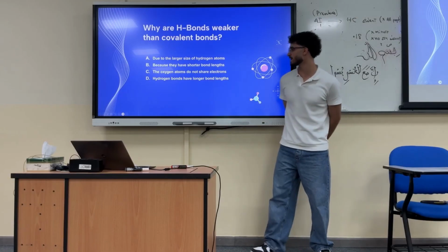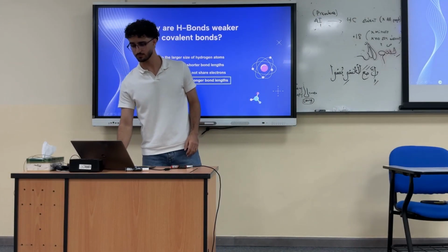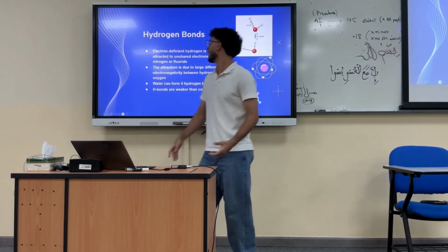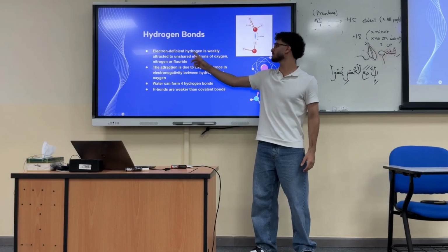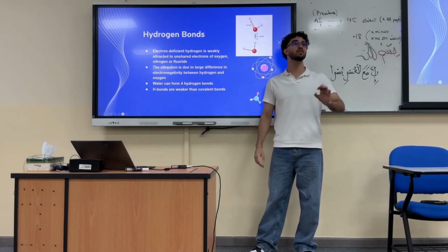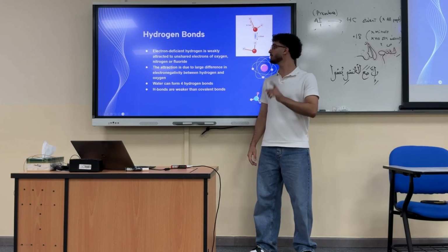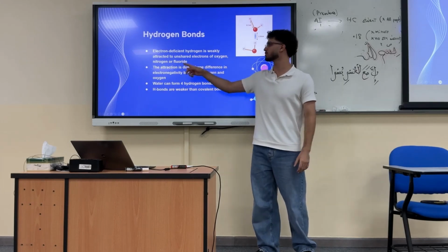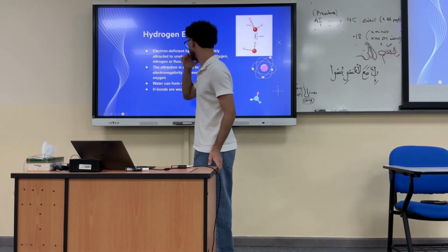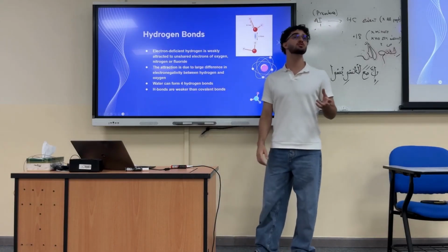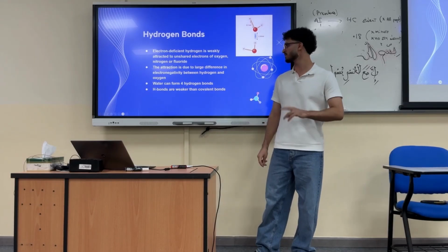D. Hydrogen bonds have a longer bond length. Right. Okay. Hydrogen bonds, as we said, the electron deficient hydrogen is weakly attracted to the unshared pair of lone electrons on an oxygen or nitrogen or a fluoride atom. The attraction is due to the large difference of electronegativity between the two atoms.